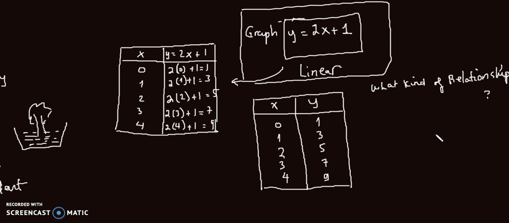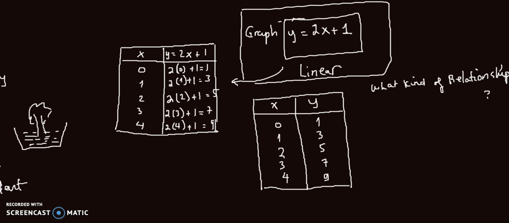Well, we just finished the linear function chapter, so it's either linear or nonlinear. But later on throughout the semester you will learn different types of relationships, for example quadratic, exponential, polynomial, things like that. So the matter will get more complicated.